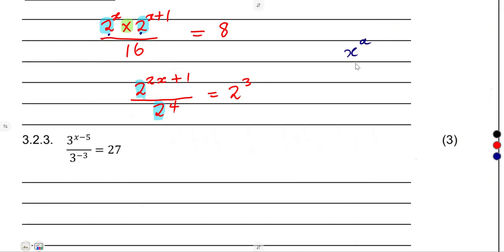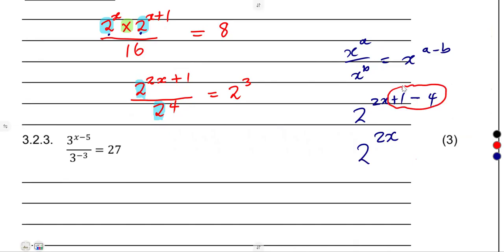So x to the exponent of a, when divided by that of b, you subtract the exponents, a minus b. So that was going to be 2 to the exponent of this 2x plus 1 as it is. Then we subtract the 4. So that was going to give us 2 to the exponent of 2x, collecting the like terms, 1 minus 4.